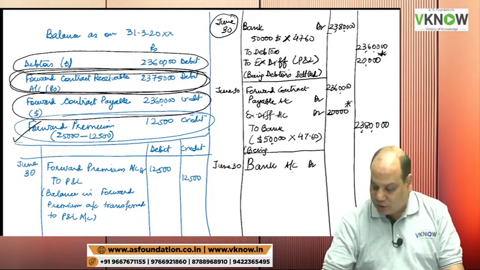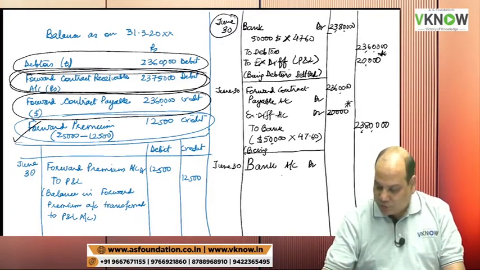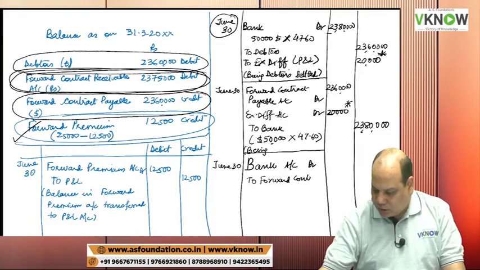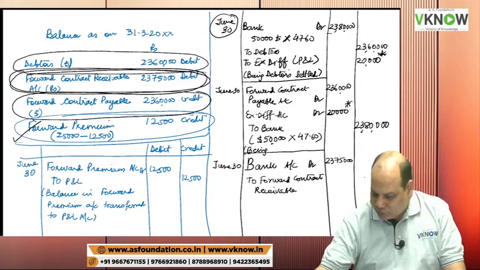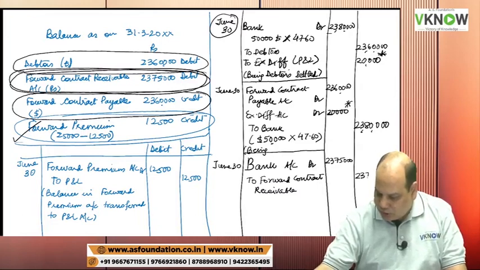Now the last entry. Bank account debit to forward contract receivable account. Now this will be a fixed amount, a locked amount which the dealer had promised me to pay in rupees.